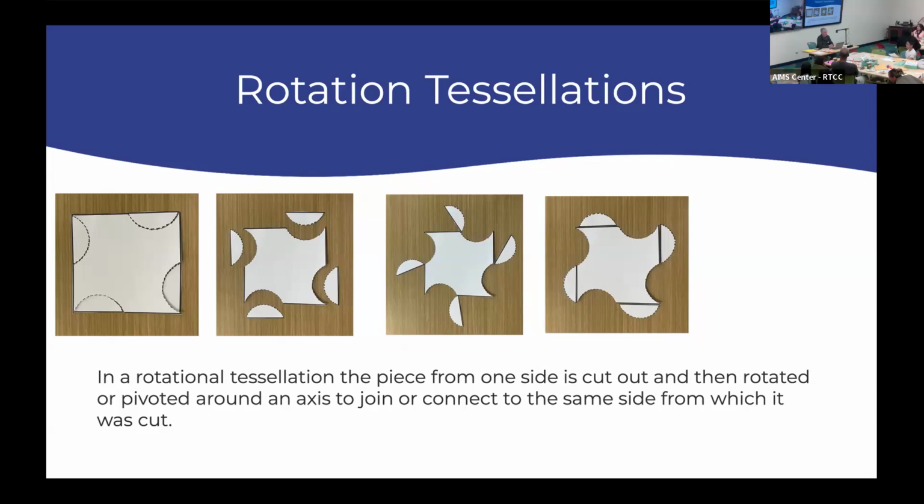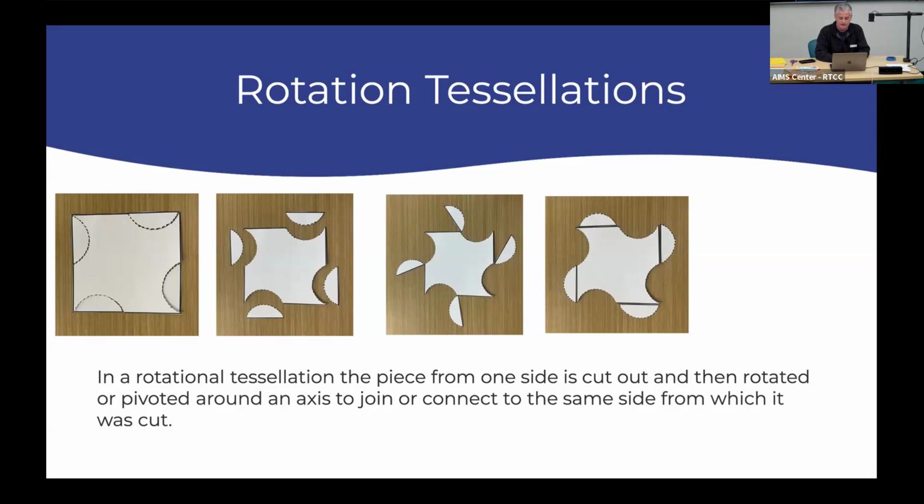But for a rotation tessellation, in this case, you're cutting out arcs within this square. And then you're pivoting those cutout arcs around a point so that they fold back on itself and then glue into place to make a tile that can tessellate. And so you're just rotating that piece.